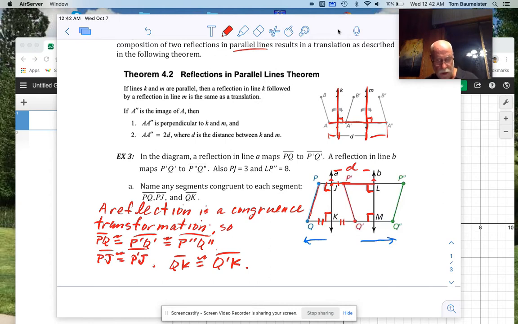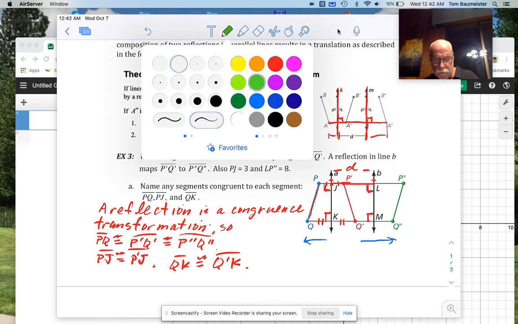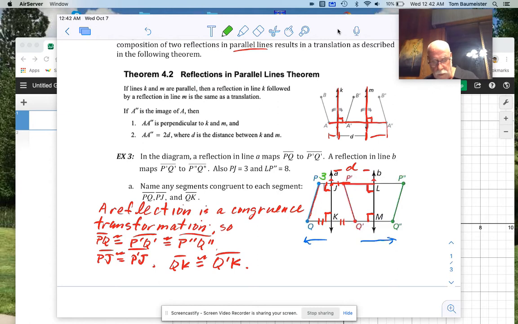So if the length from PJ is 3, and the length from L to P double prime is 8, these two here are also 1D, because remember, the total length is 2D.